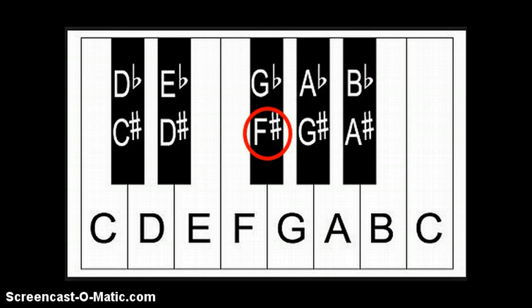Where would I be? That's right, you got it. If I wanted to go down from F one half step, I would end up at E, because once again, it's that E to F, B to C white note combination of half steps. So once again, if I want to go up from F by a half step, I'd end up on F sharp, and if I want to go down a half step, I'd end up on E.